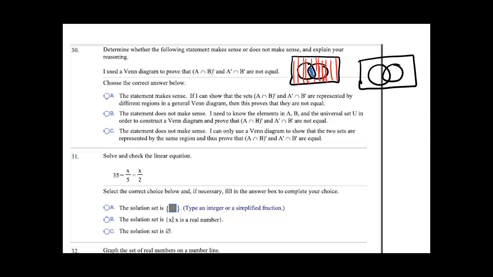And we have the complement of A, so that's everything that's not A. And then the complement of B, that's everything that's not B. And we're looking for where the green and the red overlap, because we're looking for the intersection of those 2. Well, they only overlap all around the outside here.